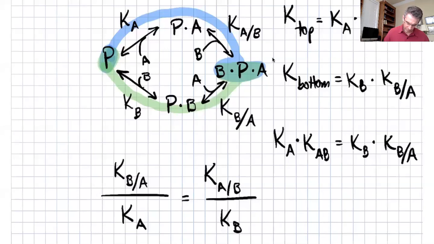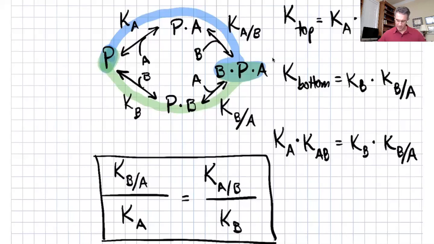So what that very important relationship means is that the extent to which B being present on the protein impacts the binding strength, the binding constant of A, relative to how well A binds by itself, has to exactly match the extent to which A influences the binding of B. The magnitude of those effects and the direction of those effects.